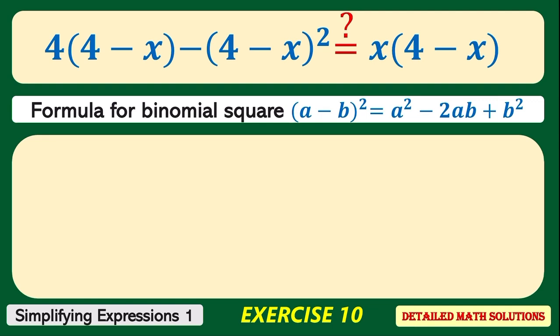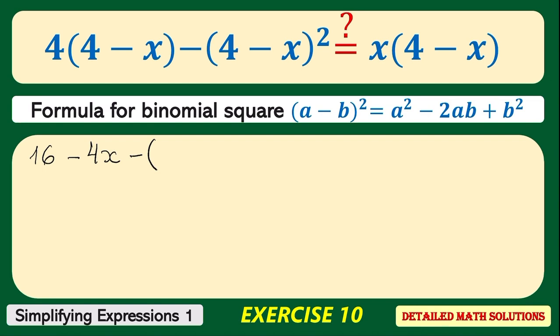4 times (4 minus x) equals 16 minus 4x, minus, in parentheses, I'm going to expand (4 minus x) squared by using the formula for binomial square. 4 corresponds to the a in the formula, x corresponds to the b in the formula.